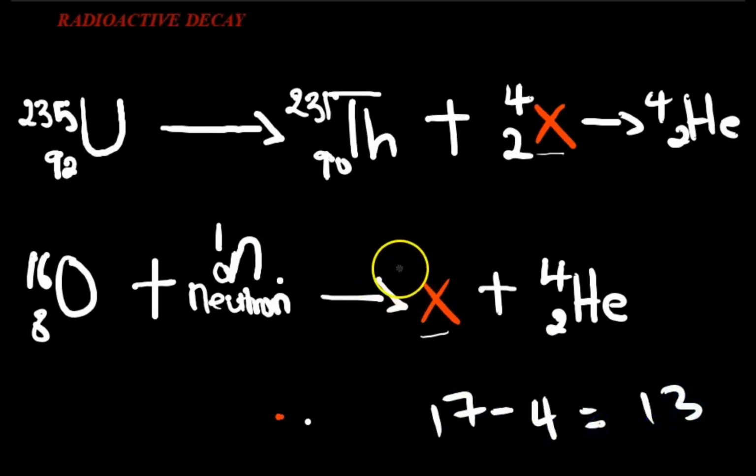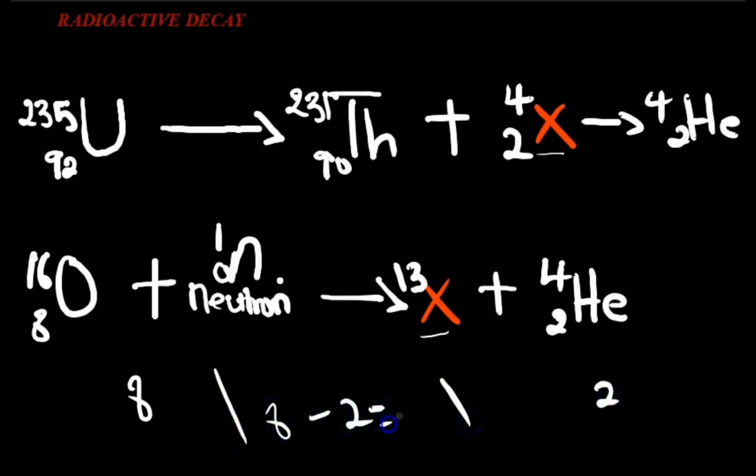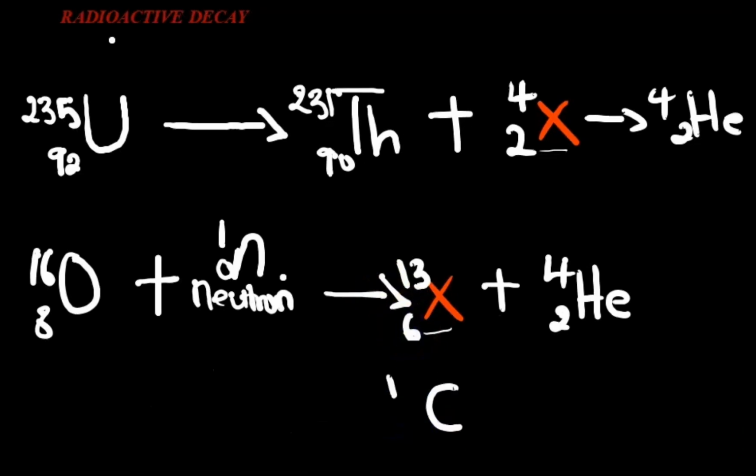So right up here we have 13. Now for our atomic number, for the reactant side, we have an atomic number of 8, while over here we have an atomic number of 2. So when you subtract, 8 minus 2 is equivalent to 6. So over here we'll be having 6. So at the end we'll be having carbon 13. So this is carbon 13.